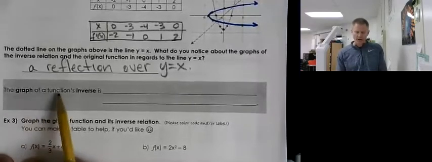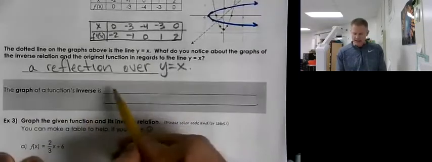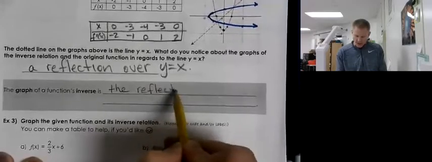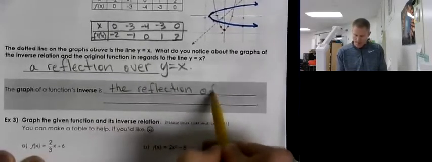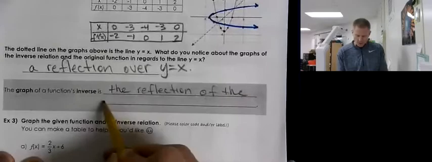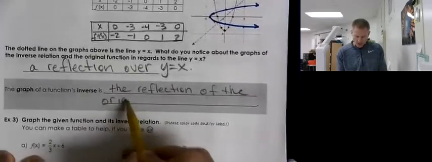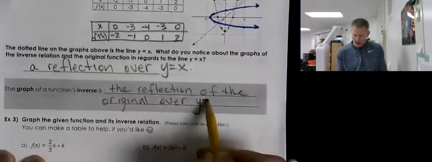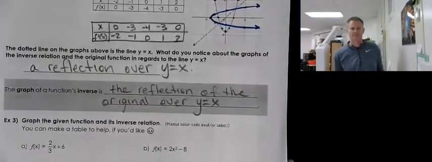So the graph of a function's inverse is the reflection of the original over y equals x.